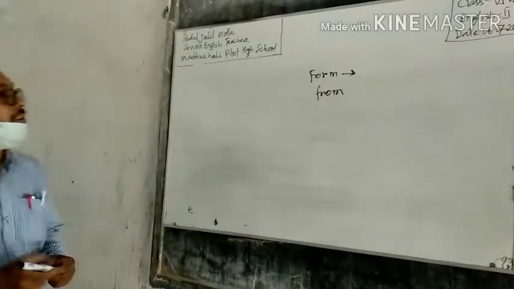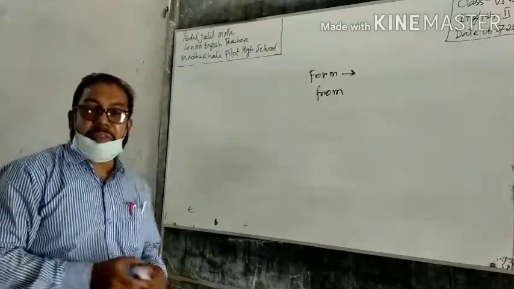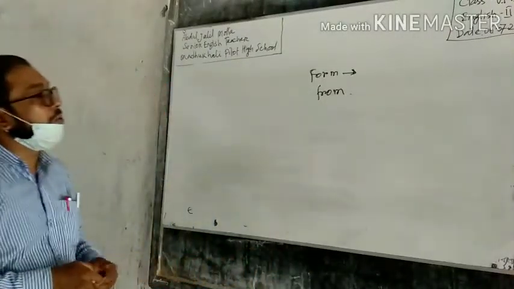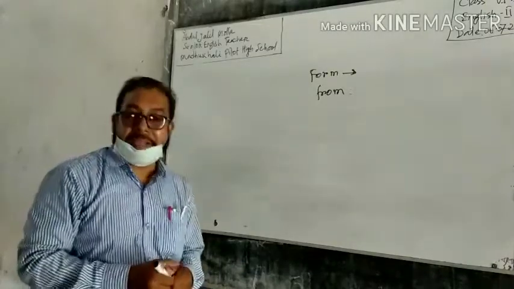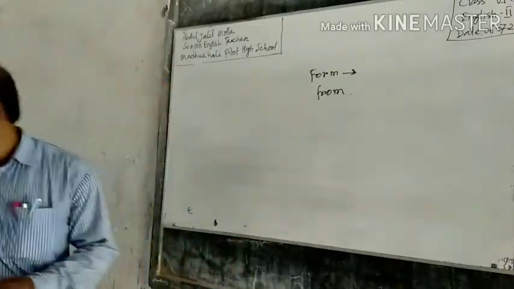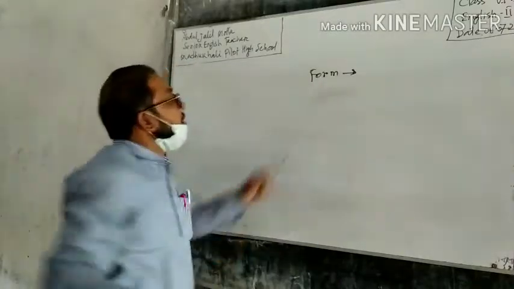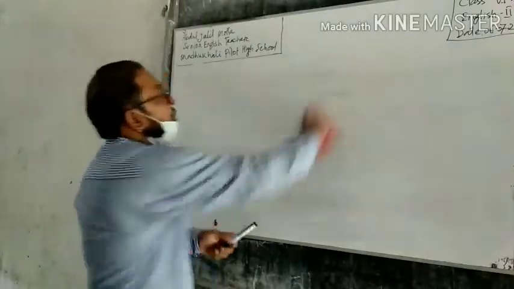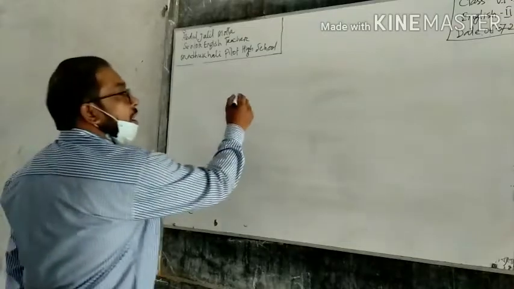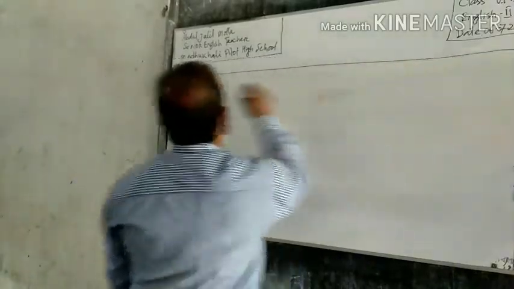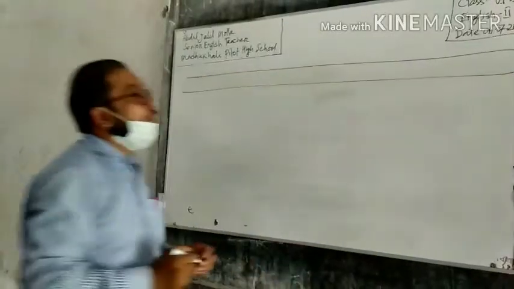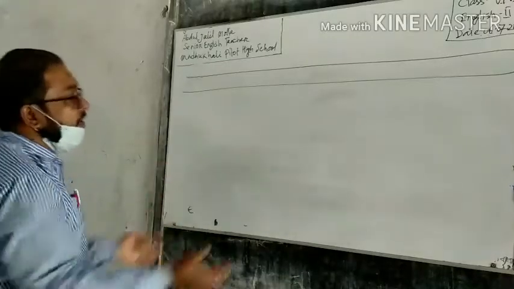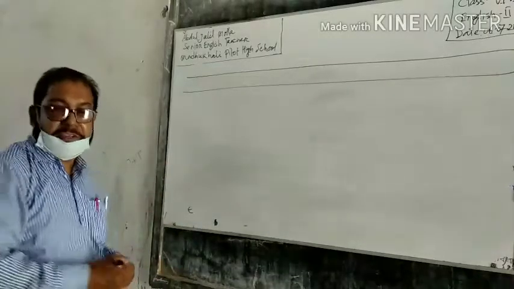Here we are using the term form, that means kind or type. From means a kind of preposition, which in Bengali is theke. So is it clear? I am making the chart here. You will also make such a chart at home, and try to fill up the chart containing different kinds of persons.